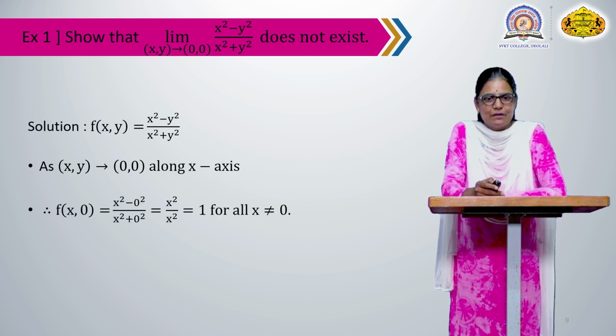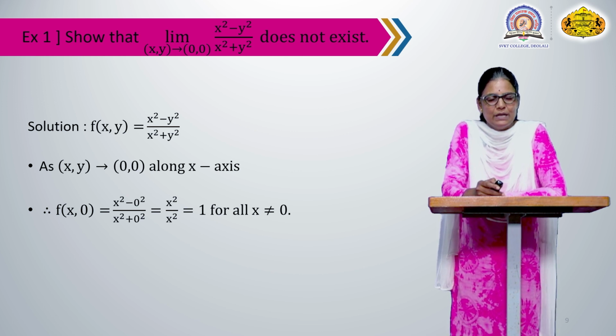So replace y by 0 in f(x, y). The function value becomes f(x, 0), which is (x² − 0²)/(x² + 0²).